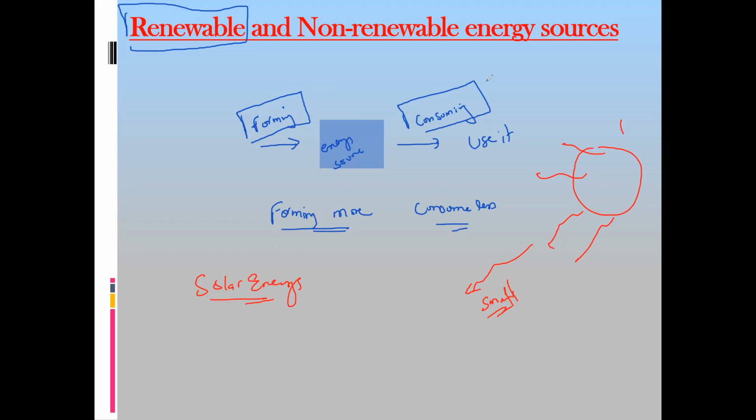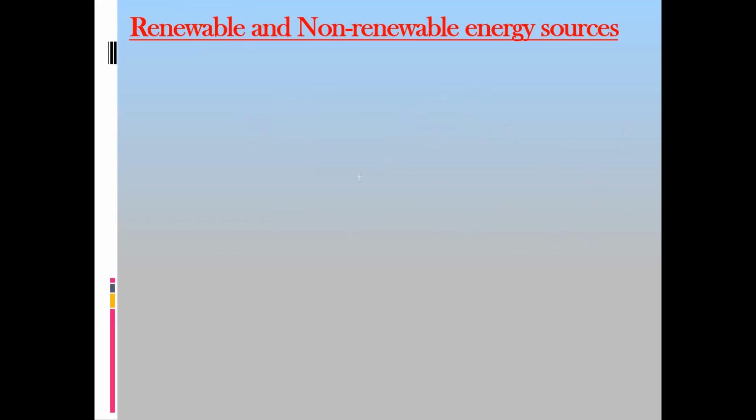But what is the meaning of a non-renewable energy resource? For an energy resource, two things are there. One is formation, because it is always forming, and another is consumption, we are using it.